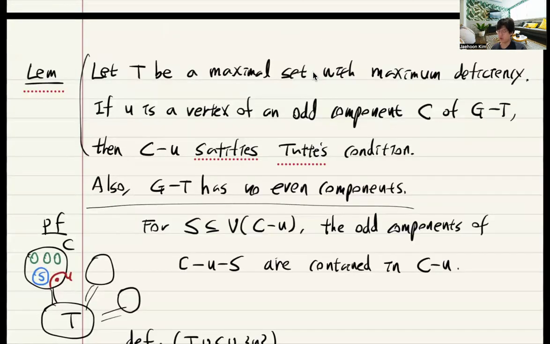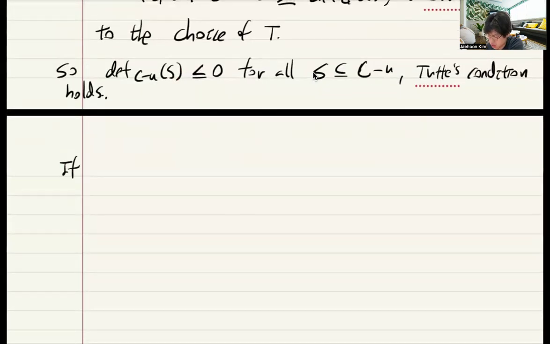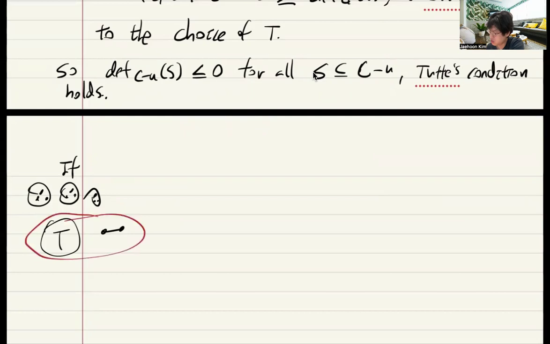And we want to also prove the second one. The second one is easy. If T has an odd component and then an even component, then what do we do? We can take the union with these two.